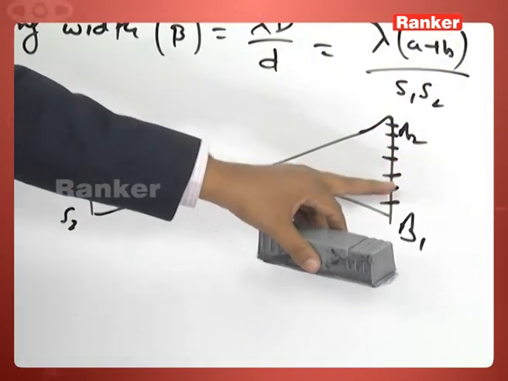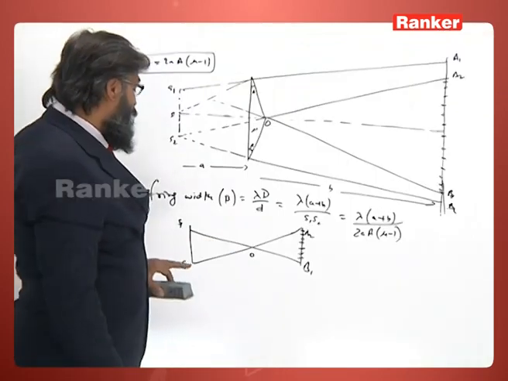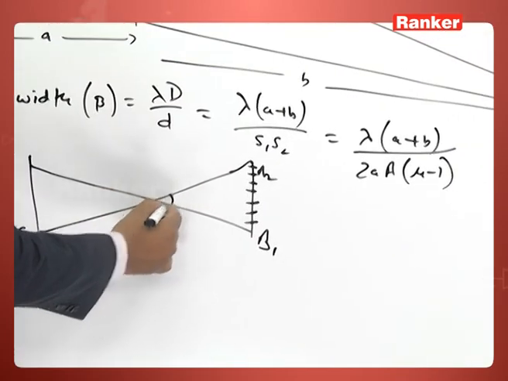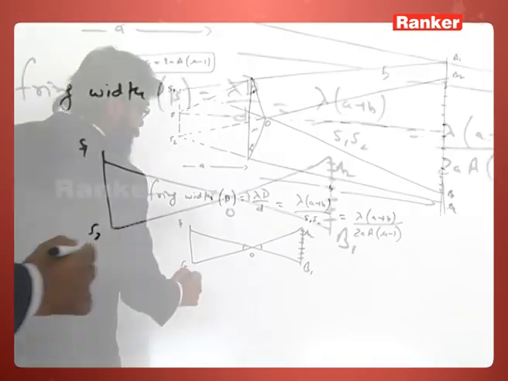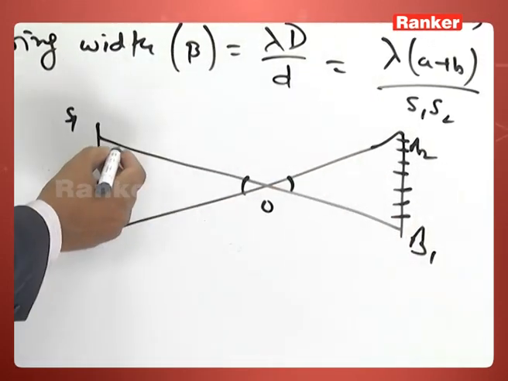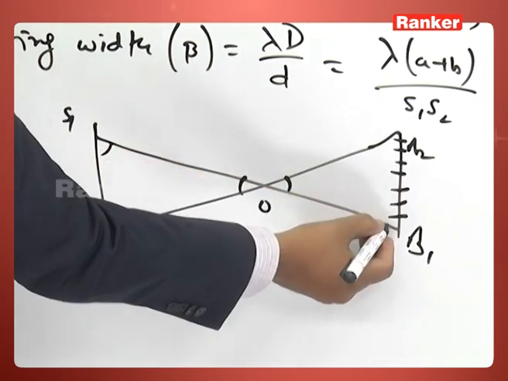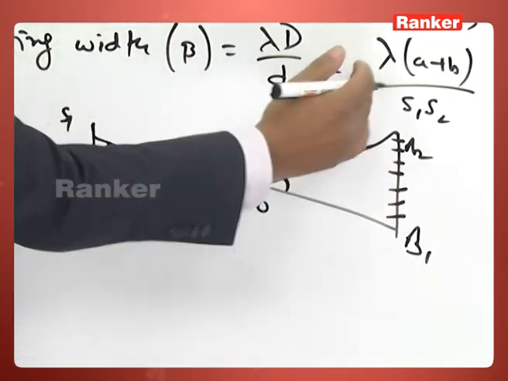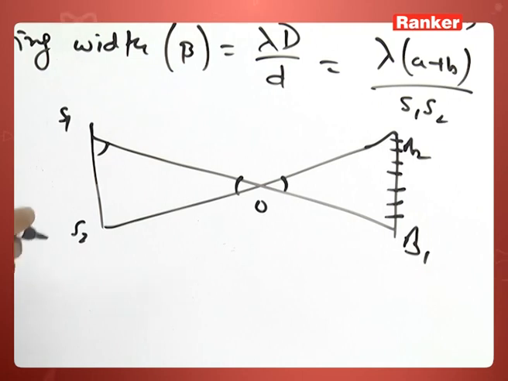We know the fringe width β; how many fringes are there? We can say that these two angles are equal, and this angle is equal to this one, because they are parallel. So these two triangles are similar.